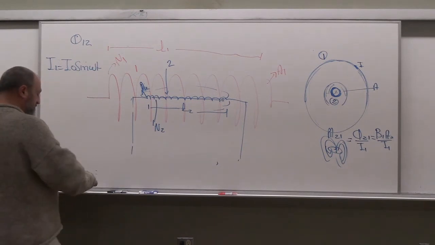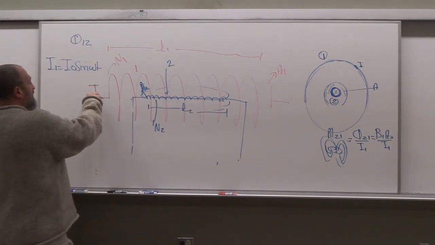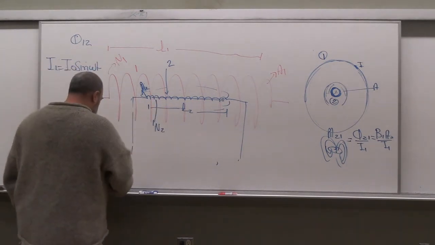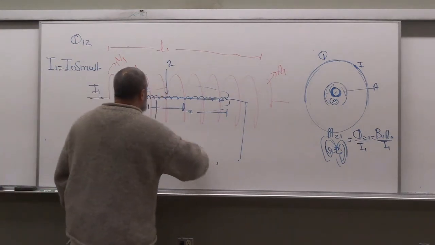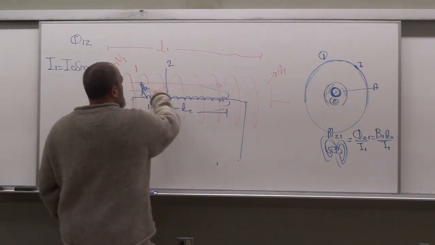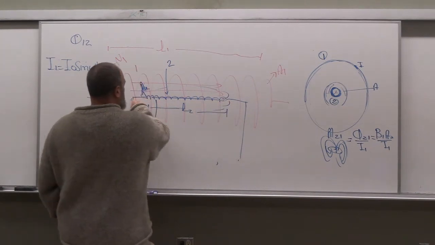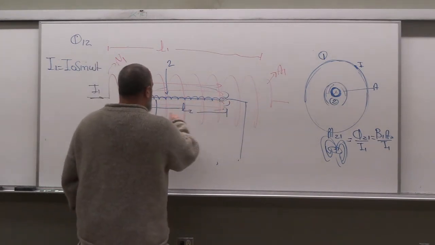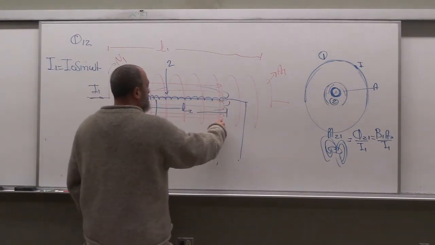You have current I1 going through this, and that will create a magnetic field, B1, which is going to be everywhere in this space, right? So let's say it goes this way, and over here, it's going to overlap with where the little solenoid is.